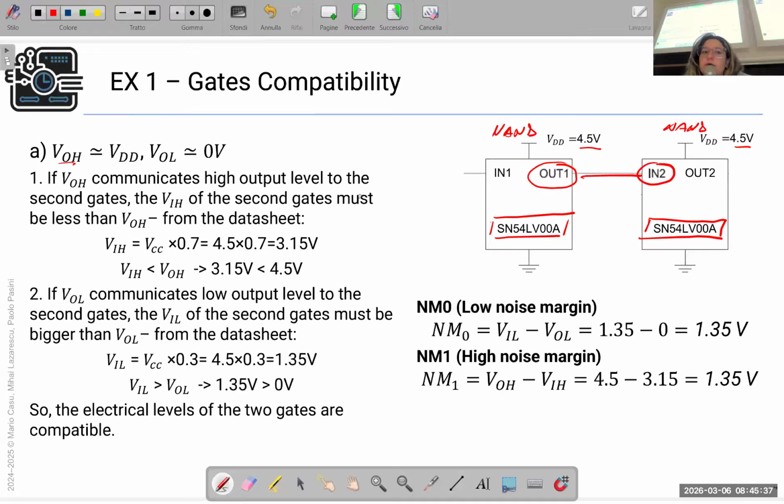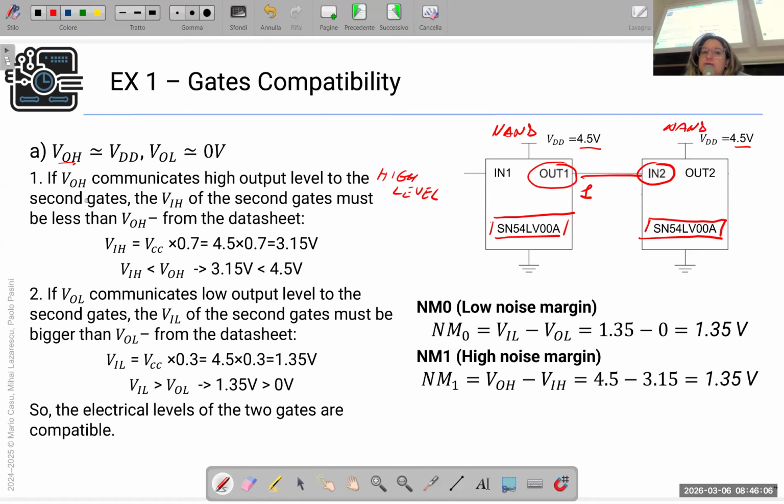So, if we are at the high level, this NAND must send 1 to the second gate, right? But what's the condition so that the second gate can read 1?